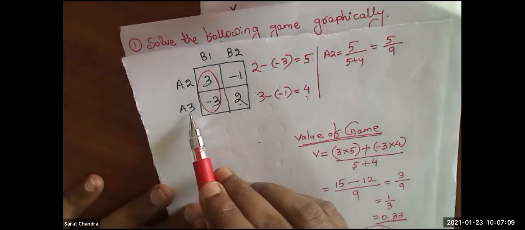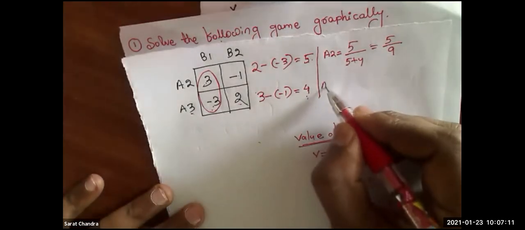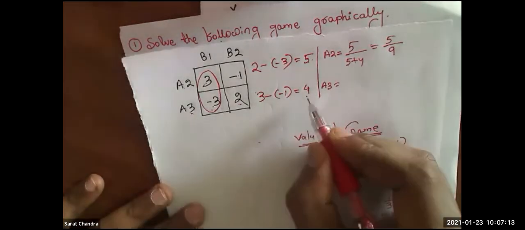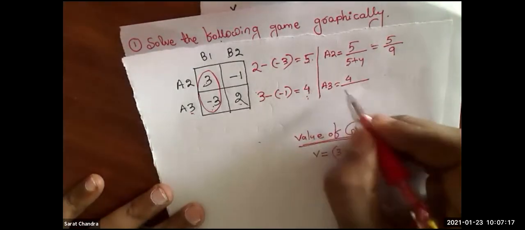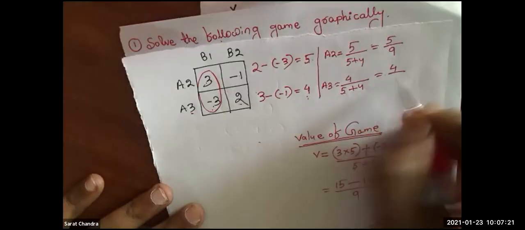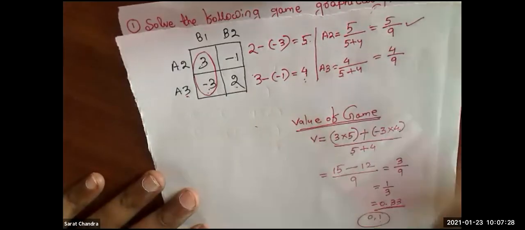Probability of selecting the strategy A3 equals the oddment 4 divided by the sum of the oddments 5 plus 4, which is 4 by 9. Clear?